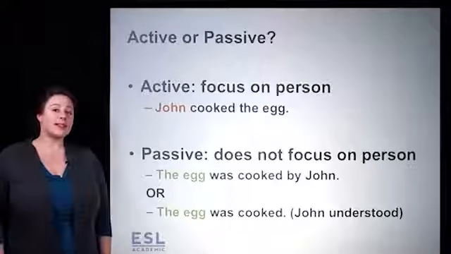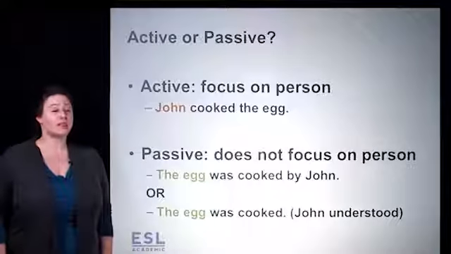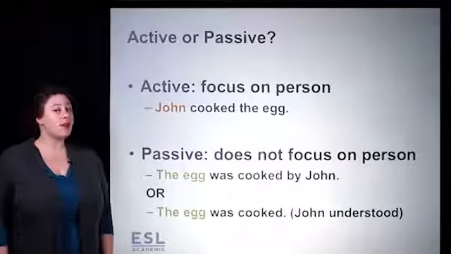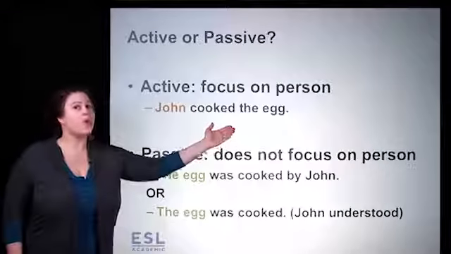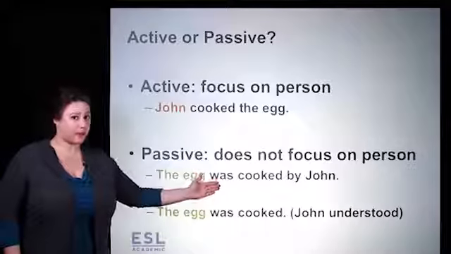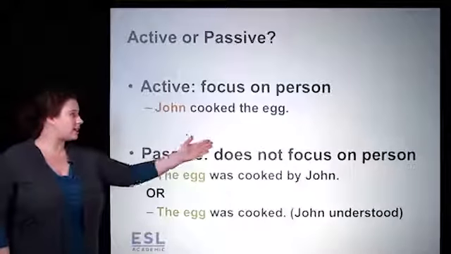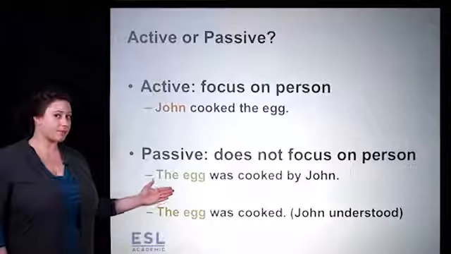But with a passive sentence, it does not focus on the person. It focuses on the object. So, instead of John cooked the egg, we get the egg was cooked by John. We've taken the focus away from John and put it on the egg.